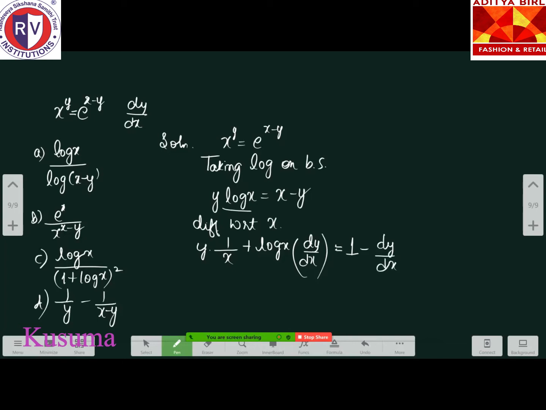We need dy by dx here. So let us take all the terms having dy by dx to the LHS. This will give us 1 plus log x into dy by dx equal to 1 minus y by x, right?